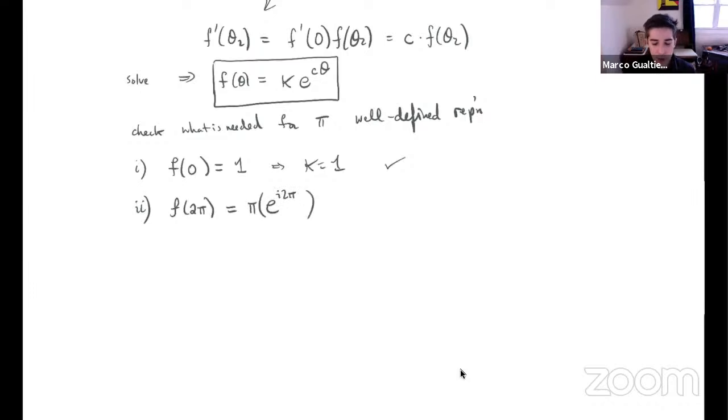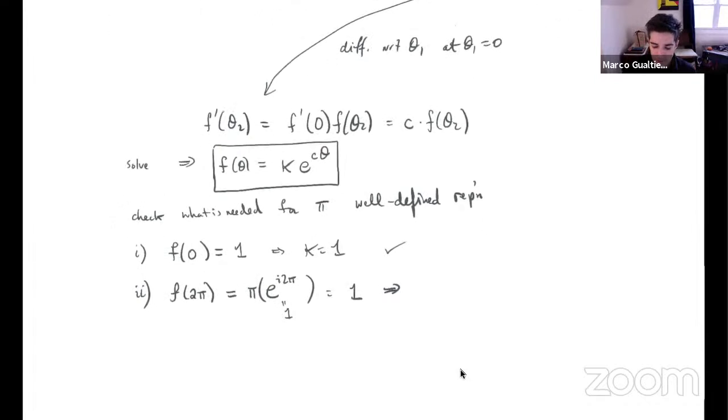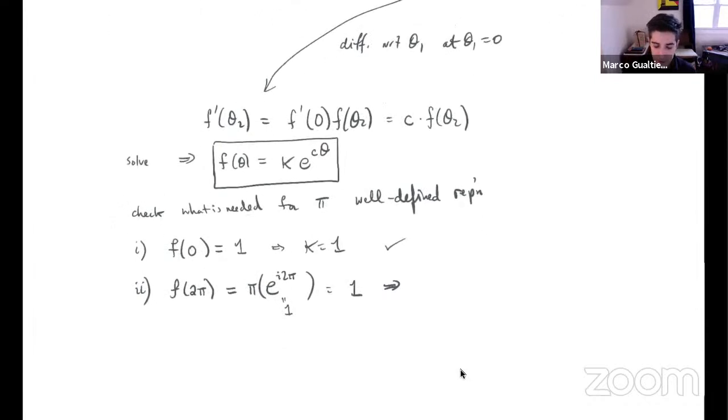But e to the i 2 pi is just 1, and I know that is equal to 1 as well. Okay, so this is telling us that e to the c times 2 pi must be equal to 1. And this tells us that c must be i times an integer.